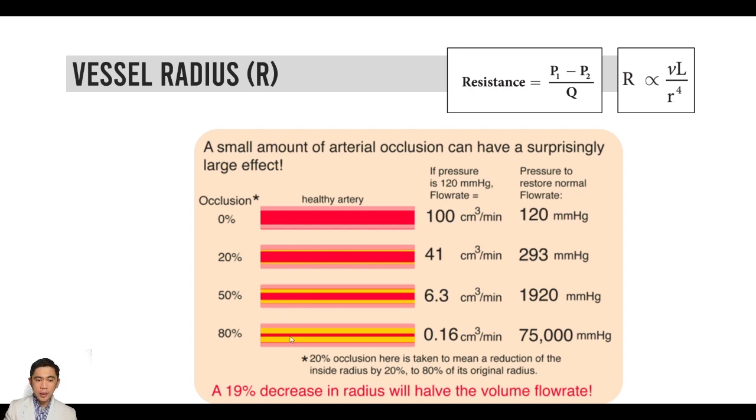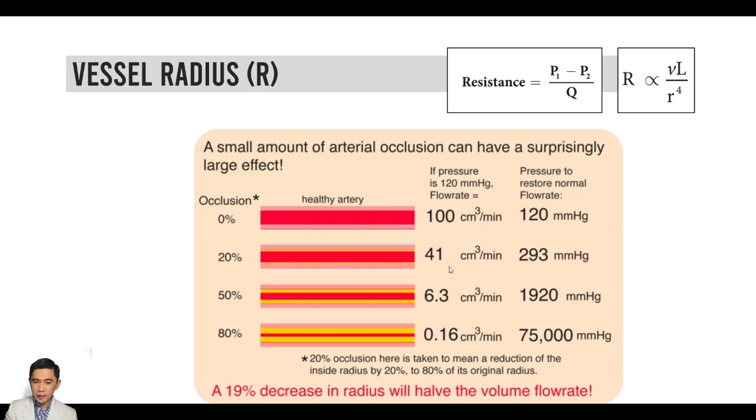Here we have 4 arteries and their corresponding occlusion in percentage. This one has no occlusion. The second one has 20% occlusion. The third one has 50% occlusion. And the fourth one has 80% occlusion. So blood flow here, if we compare it to the other 3, here we have 100 cubic centimeters per minute.